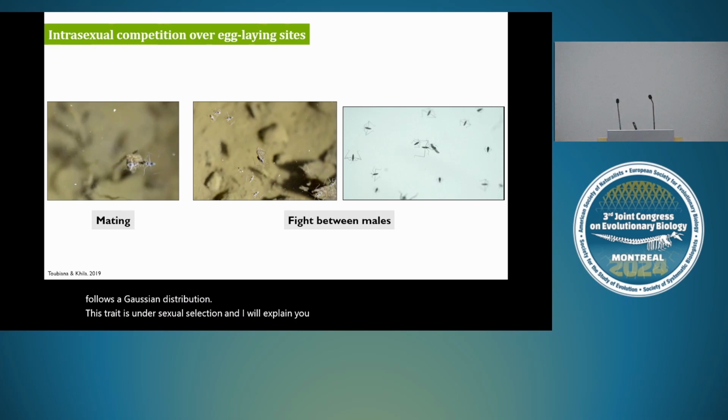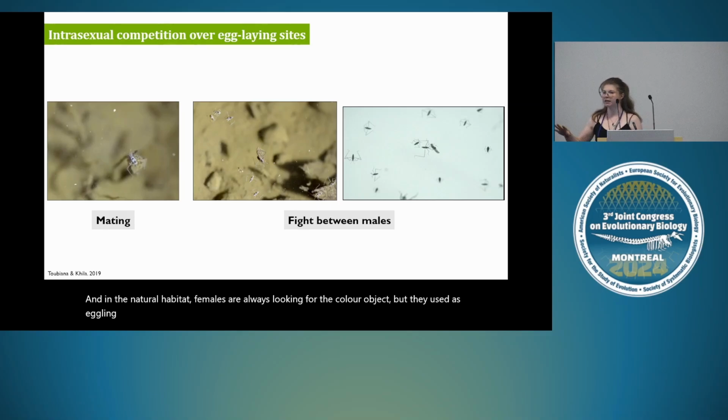So on the first footage, here you can see a female. She seems to be laying eggs on the object, and there is a male mating. And in the natural habitat, females are always looking for this kind of object that they use as egg-laying sites, and males are waiting by them to mate with females.